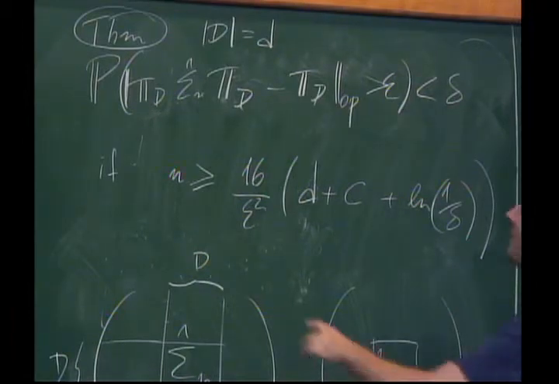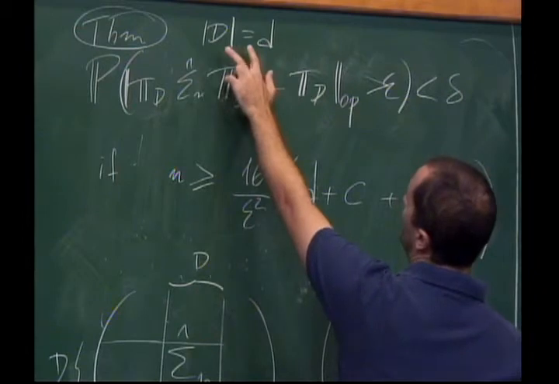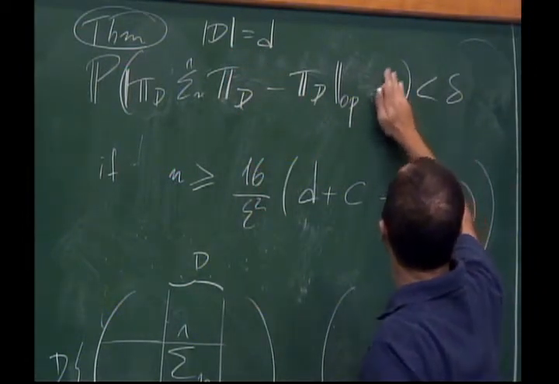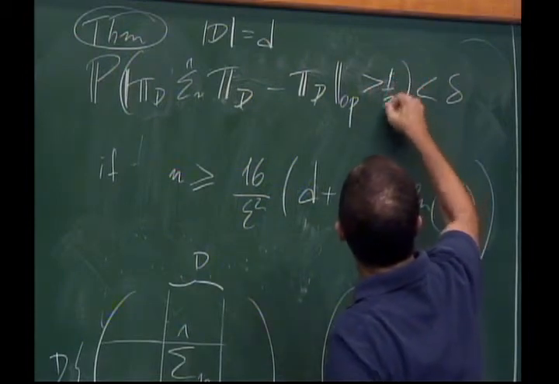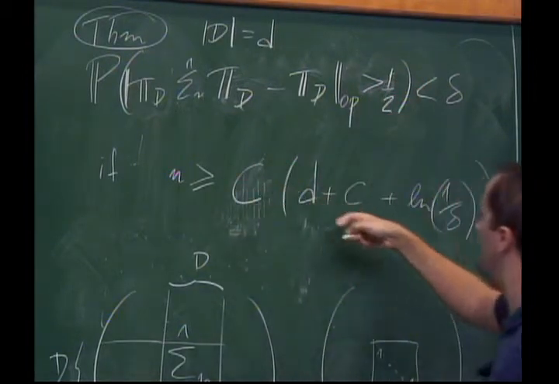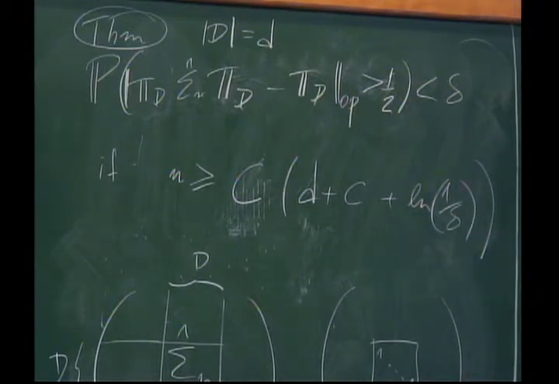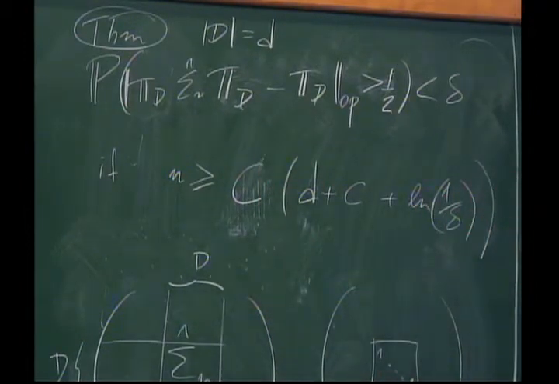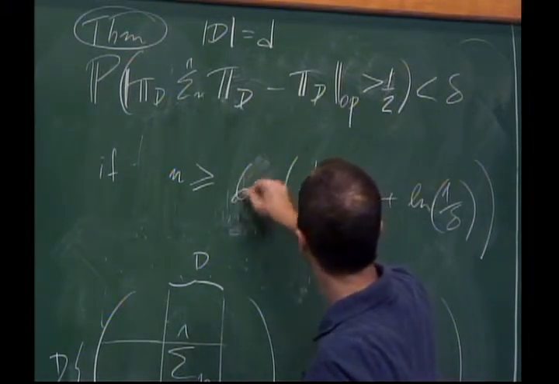Whereas this is telling you, well, for a single subset, I can guarantee that the probability that, say, this is larger than a half, which is what we care about, is small, assuming that n is larger than some constant times d, blah, blah, blah, whatever, right? Well, the constant here could be 64, I guess, because it's 16 divided by 1/2 squared. Okay, let me put 64 here.